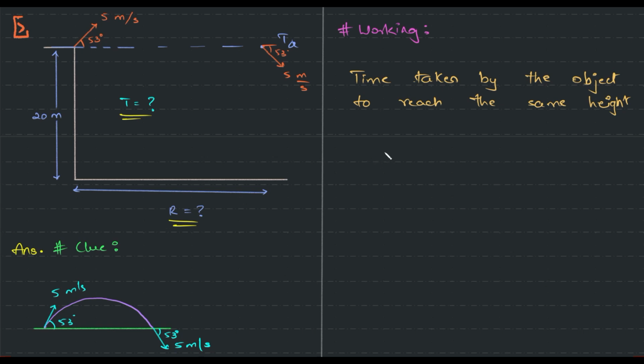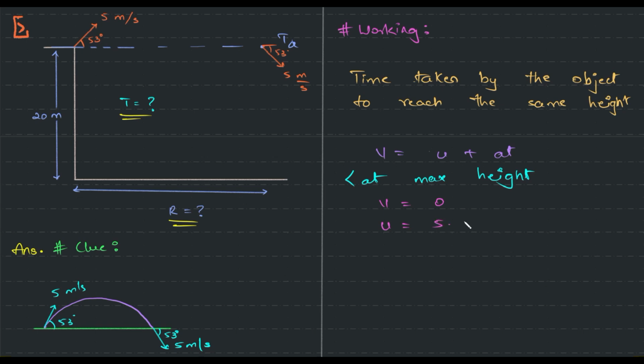So the time of flight TA, we can find it with help of v is equal to u plus at, right? At maximum height, what do we have at maximum height? V is equal to 0. U will be your initial velocity, the y component.